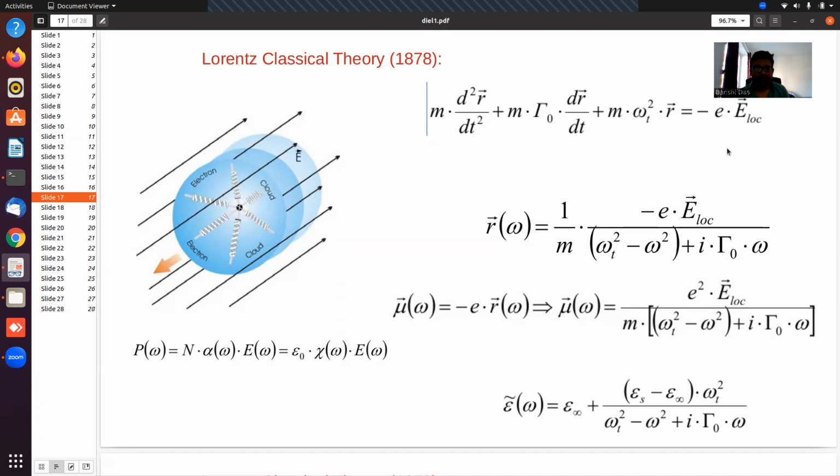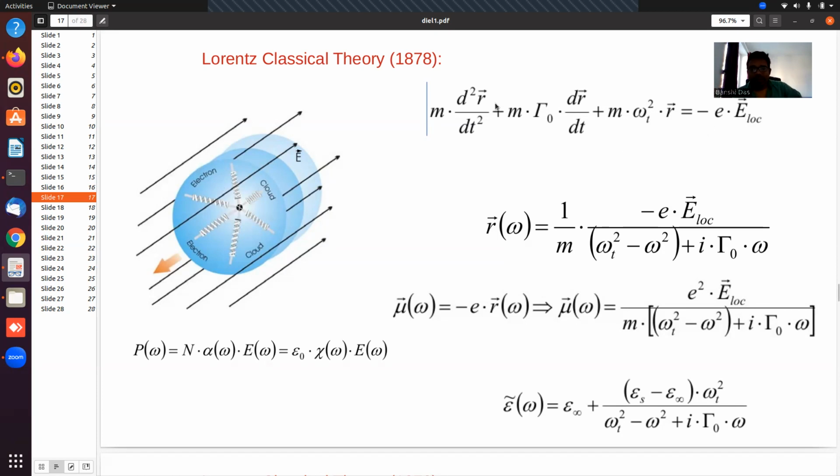Lorentz used that Langevin equation to calculate the response of this point of interest inside the dielectric material. Here the external force comes from the external electric field.